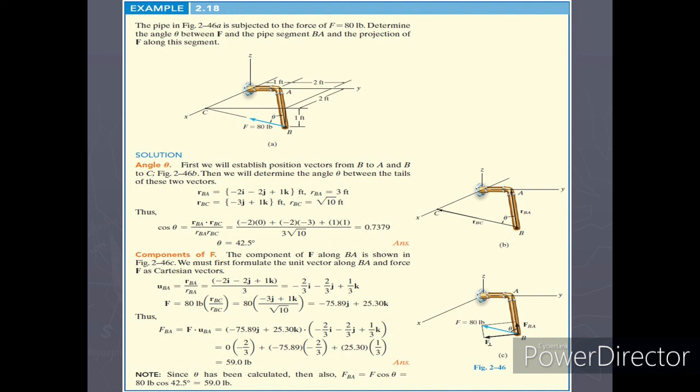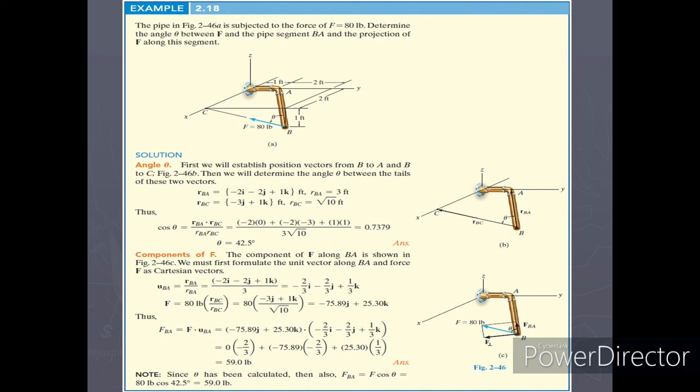In some problems you may need to generate a lot of position vectors, so going through the longer route will really take a lot of your precious time. Okay? So the other one, BC. How do I move from point B to C? I move up 1k, then 3 units on the negative y-axis.